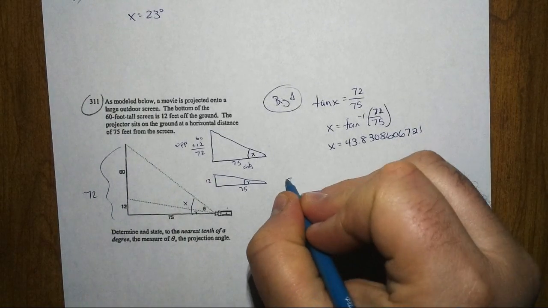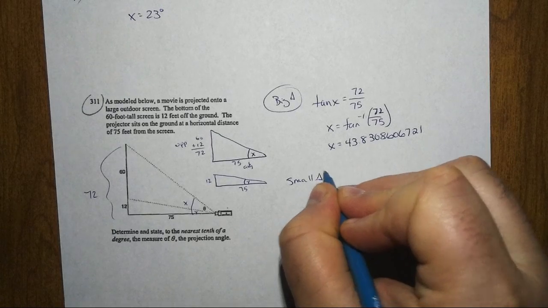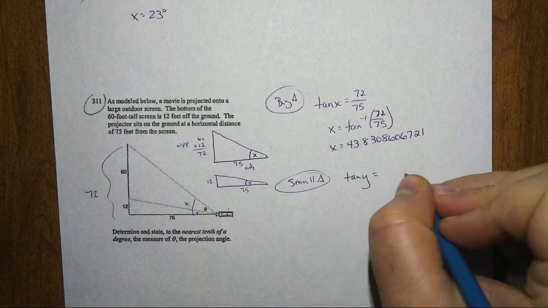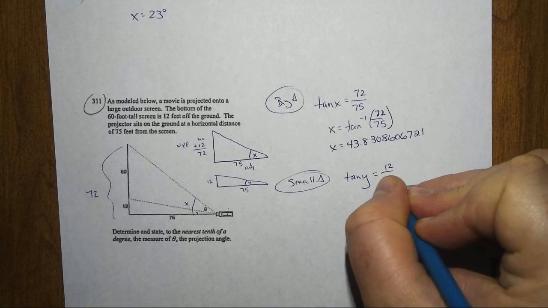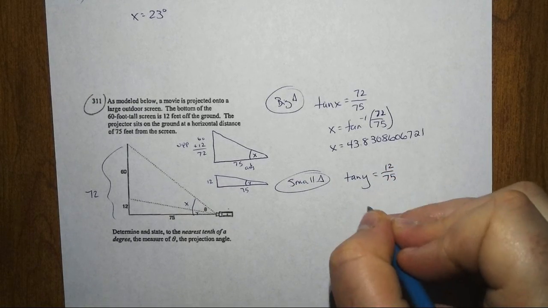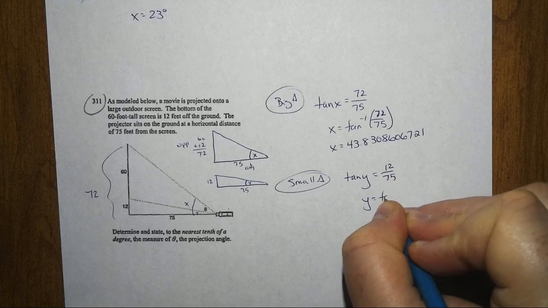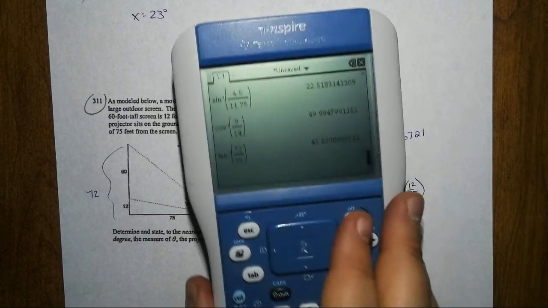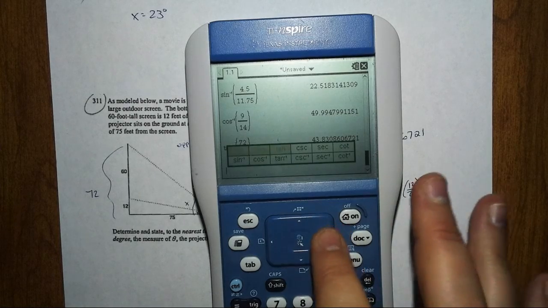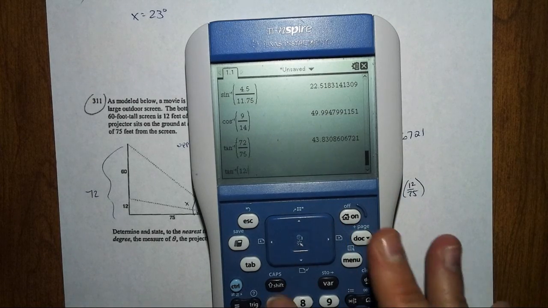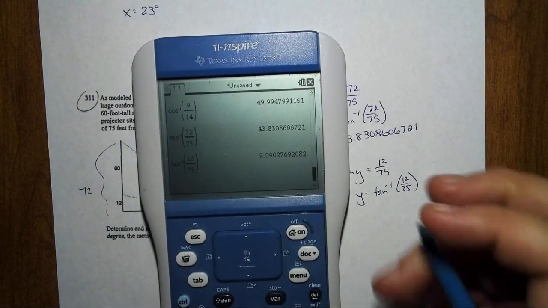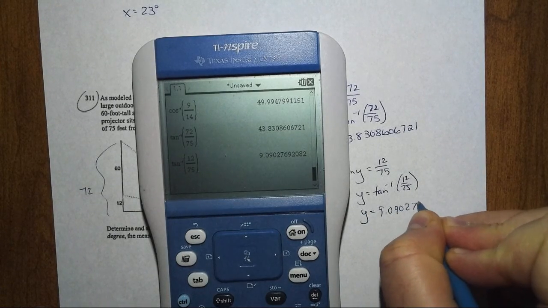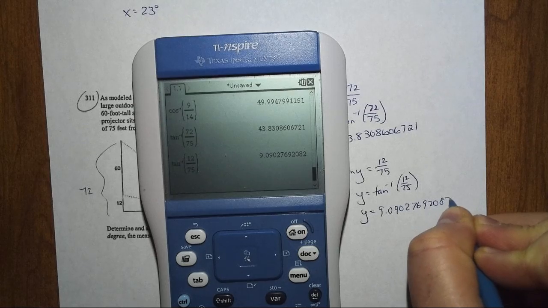Okay, in the small triangle, we're going to do the tangent of y is equal to, it's once again opposite over adjacent, and then we just do the tangent inverse of 12 over 75. So, tangent inverse, 12 over 75, and we get 9.09027692082.